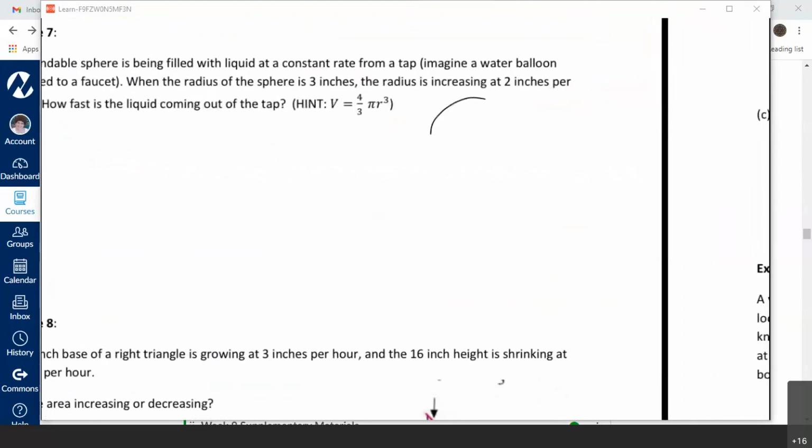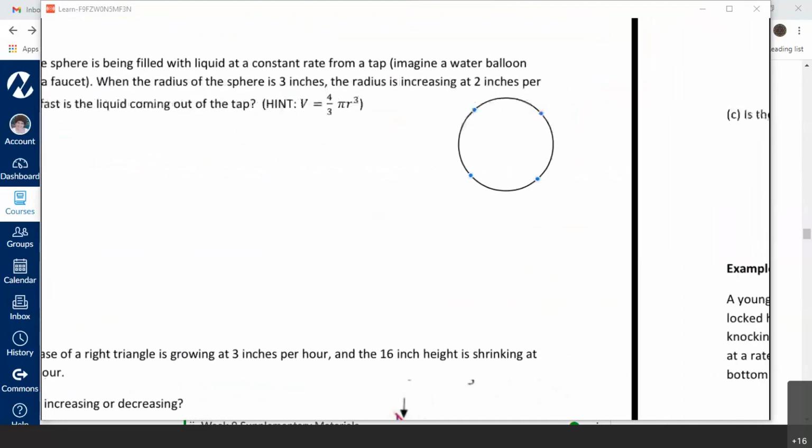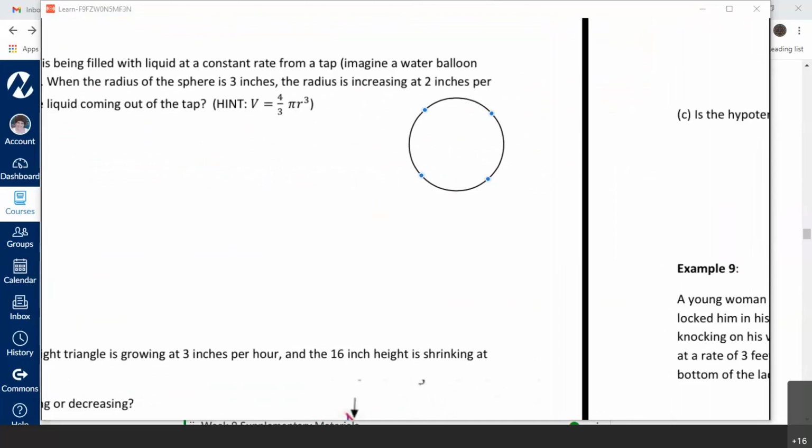I'm going to draw an idealized balloon that's a sphere. Make it smaller. Here's a bit to let you know it's 3-dimensional.